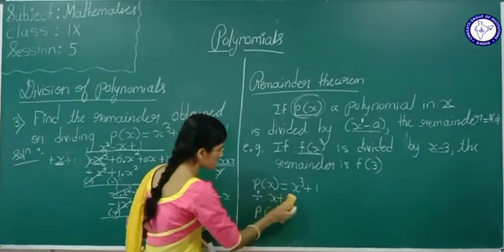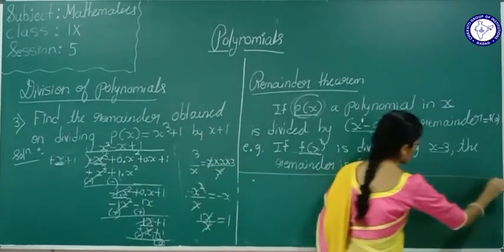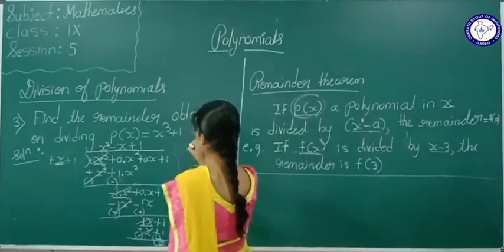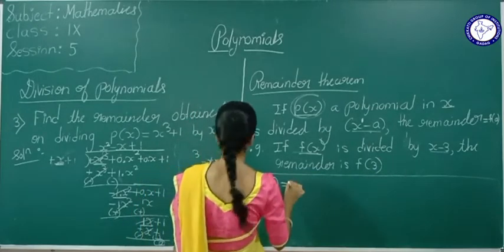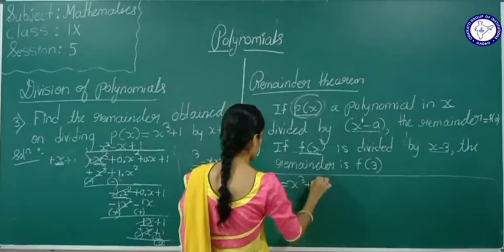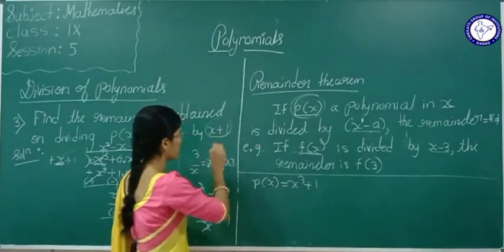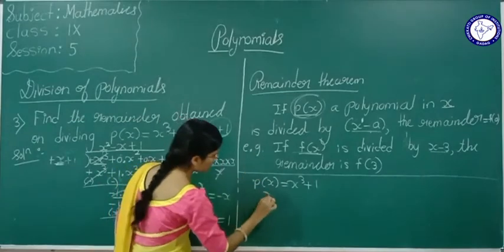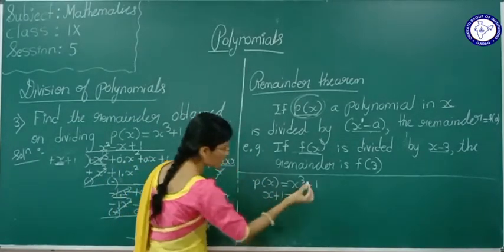Now the given polynomial is p of x is equal to x cube plus 1. By the remainder theorem, how to solve here? This linear polynomial, you equate with 0.